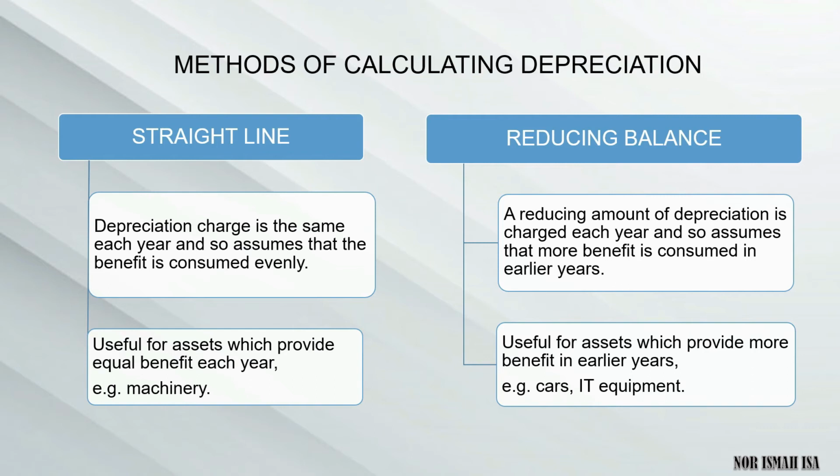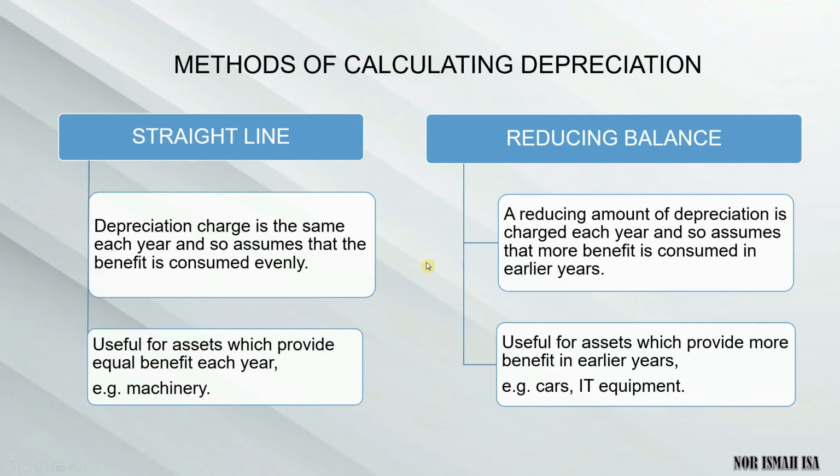Let's say the capacity is to produce 10,000 units of inventory; the next day it is also 10,000. So the usage of the machinery is even each day, and its depreciation can be done using the straight line method.